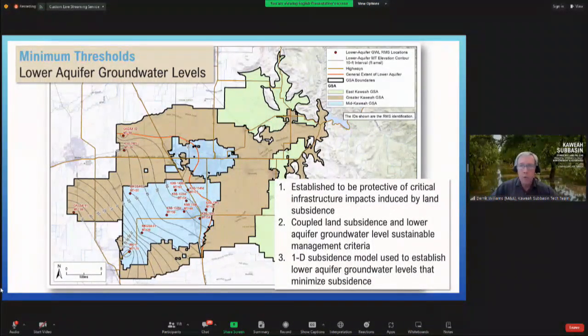And so we've set the groundwater levels now to be protective of all critical infrastructure and to avoid any land subsidence. It turns out that we're also avoiding any new subsidence. The subsidence that's in the basin that we're going to be seeing from now until 2040 is subsidence that's already baked into the system. And all the GSAs are doing is managing and minimizing that subsidence. Next slide, please.